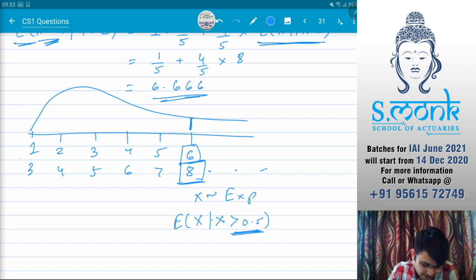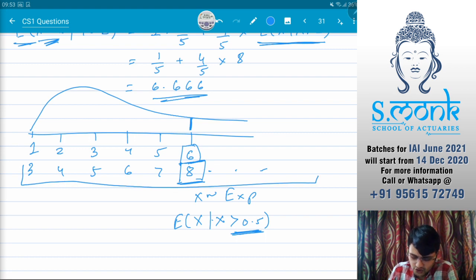Same way we have done here, that our 3 to infinity is following a geometric distribution. So all I had to do was shift my value by that many to get the expected value.